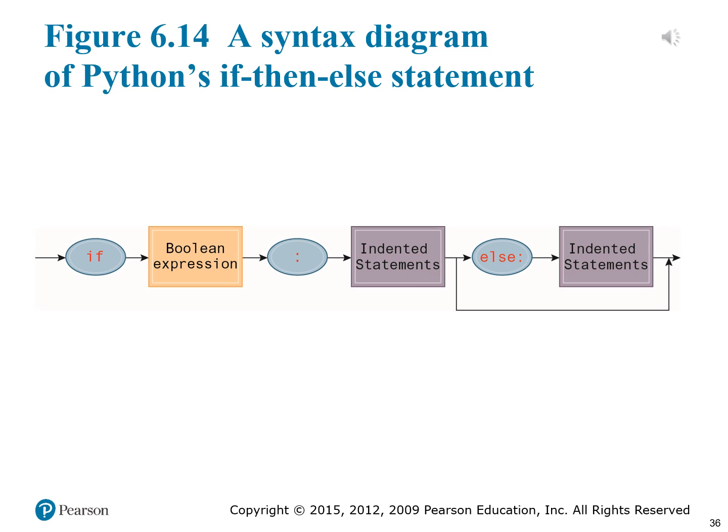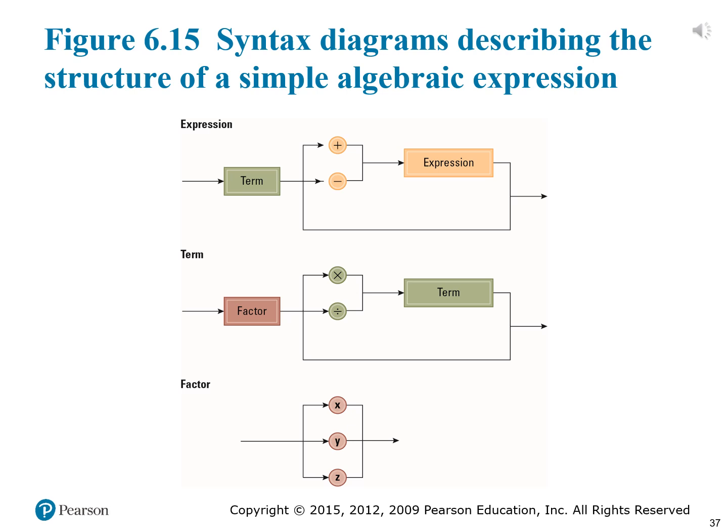a decomposition. A more complete example is shown in this figure, which presents a set of syntax diagrams that describes the syntax of a structure called expression, which is intended to be the structure of simple arithmetic expressions. The first diagram describes an expression as consisting of a term that might or might not be followed by either a plus or minus symbol, followed by another expression.